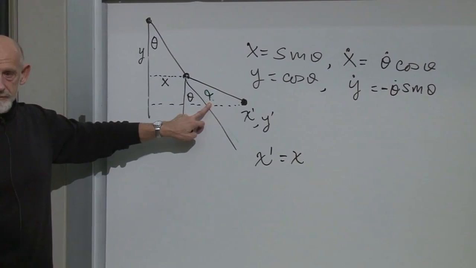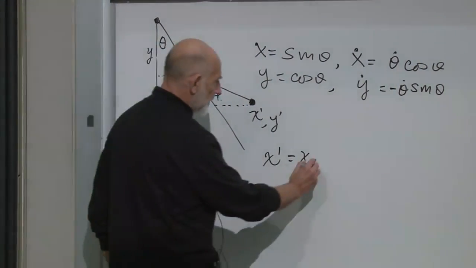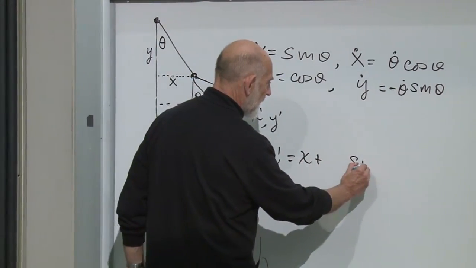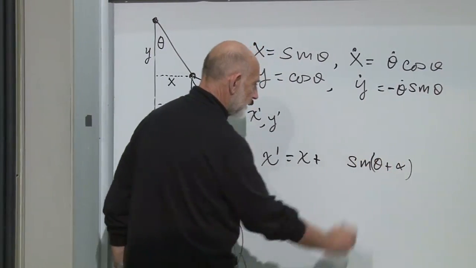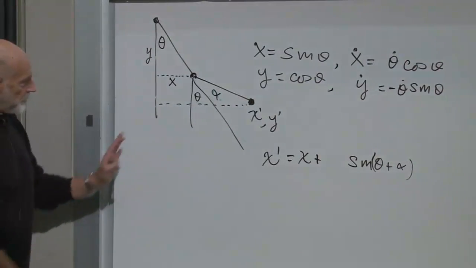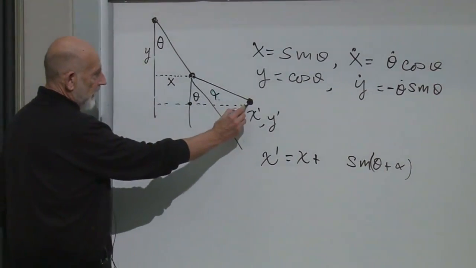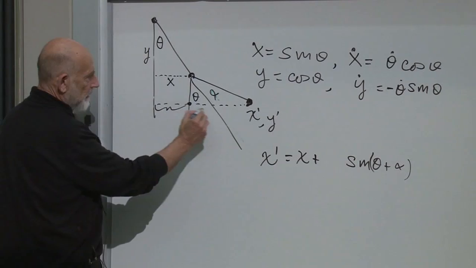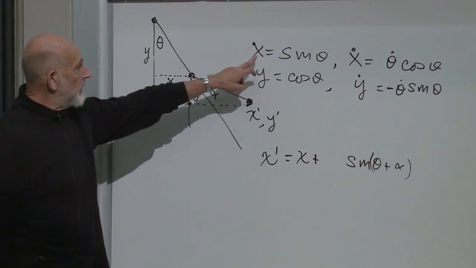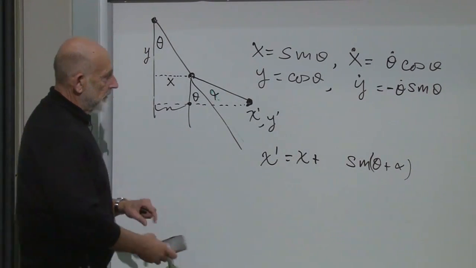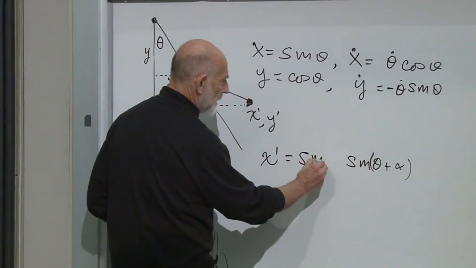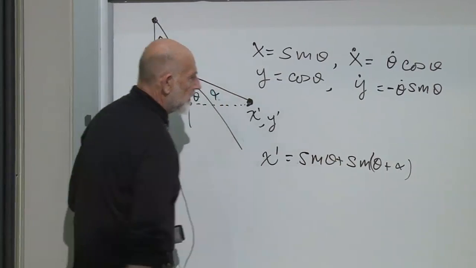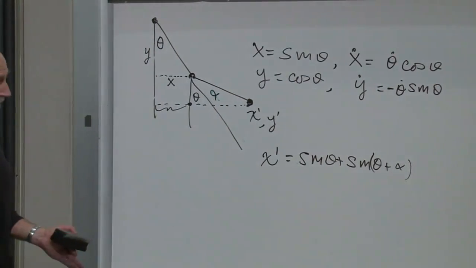Is that clear? That's just this bit of it over here. So I added this bit to this bit. But x I already know. It's sine of theta. So x prime is sine of theta plus sine of theta plus alpha.